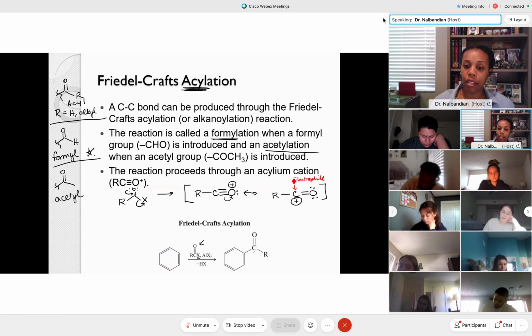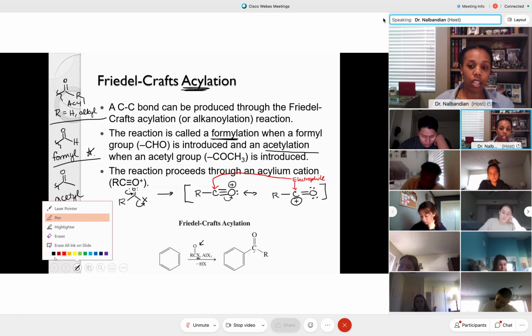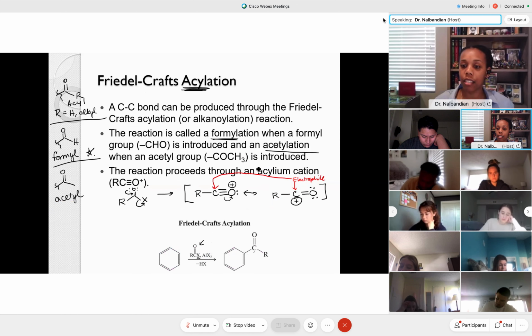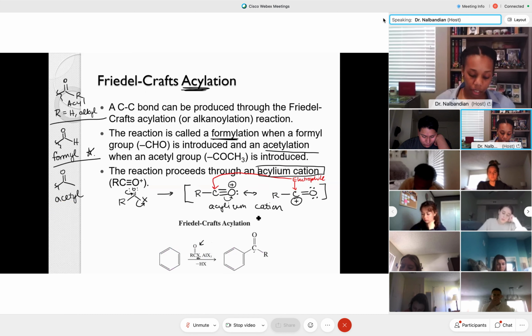It doesn't matter which resonance form; that carbon is electrophilic. This goes through what's called the acylium cation. That's what you see here below: RC with a triple bond to oxygen with a positive charge. This acylium cation is not prone to rearrangement. It can avoid rearrangements.